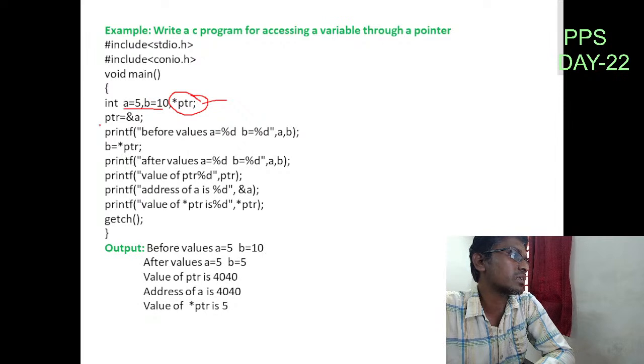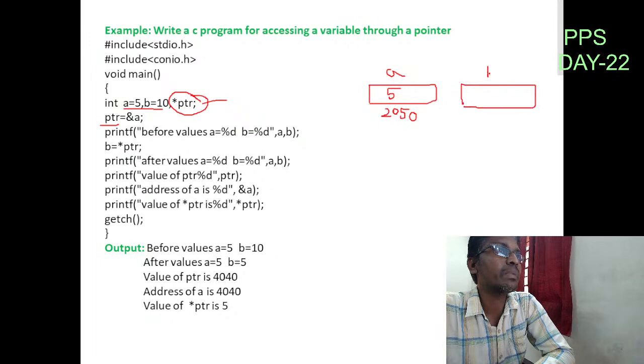Now I am going to use PTR: PTR is equal to address of a. Say a is a variable whose value is 5 and let us take its memory address as 2050, and similarly b has value 10 with address 2052. I assign the address of a to PTR.